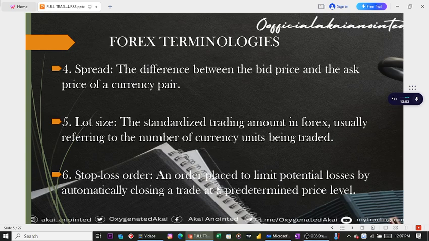So probably I entered the trade and wanted it to go in a particular direction. Maybe I was buying a trade and it was selling. So I said, okay, if it gets to this position on the sell side, it should exit. That's very simple. So that's how a stop loss order works.